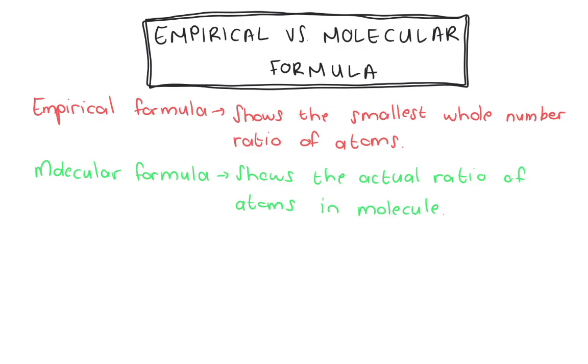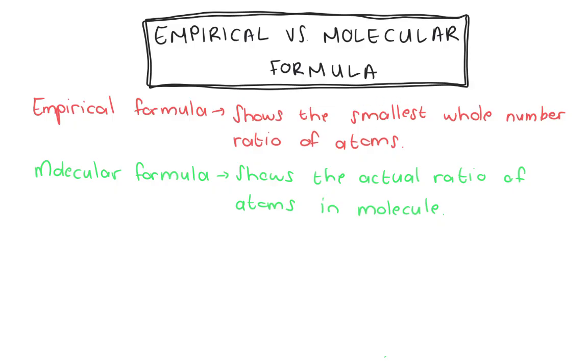Your molecular formula shows you exactly how many of which elements' atoms are connected to each other to form the molecule, whereas your empirical formula is just the simplest ratio.